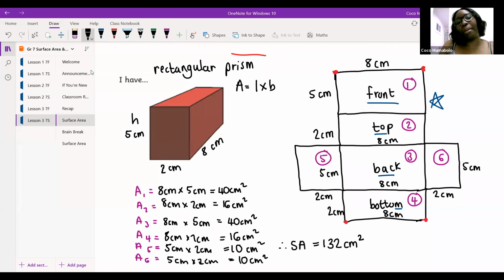Taylor says thumbs up. Snowy's still a little bit confused, my sweetie. I need you to rewatch this lesson. We're going to do a quick recap of these on Wednesday. But this is how we calculate the surface area of a rectangular prism.